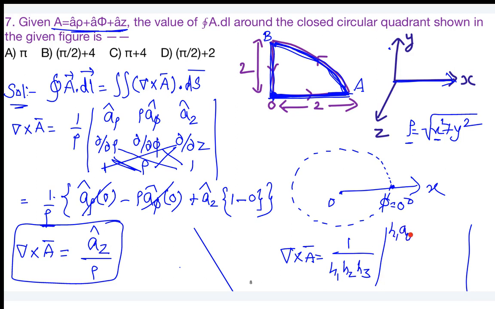Third row will be H1 AU, H2 AV, H3 AW, correct? What are H1, H2, H3 in case of cylindrical? 1, rho, 1, right? So 1 into rho into 1 will be straight away rho, 1 by rho, right? That is the reason why I was repeating it in everything. Understood, right? Now you tell me the value of ds in this case.